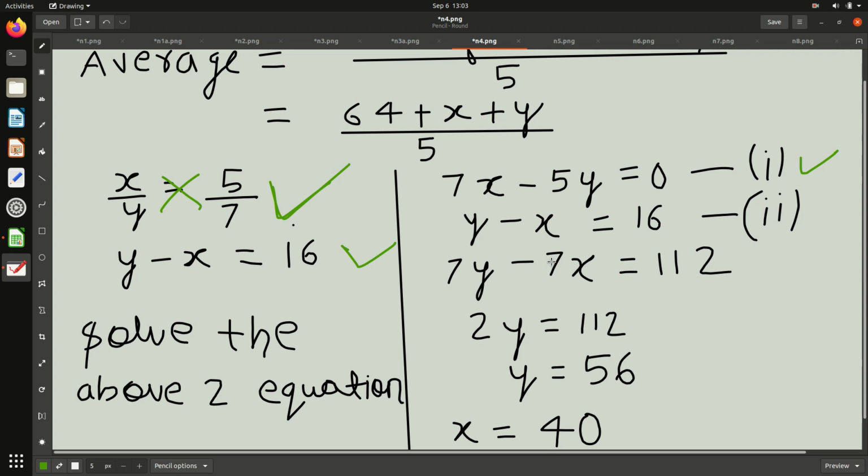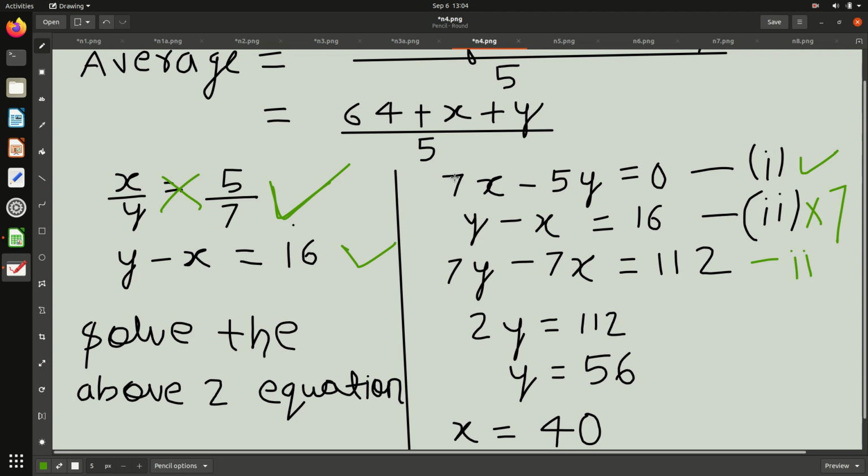Now to solve this, there are different methods. Either you can take the value of x from equation 2 and put it in equation 1. The method that we have applied is to multiply the second equation by 7, and you get 7y minus 7x equals 112.